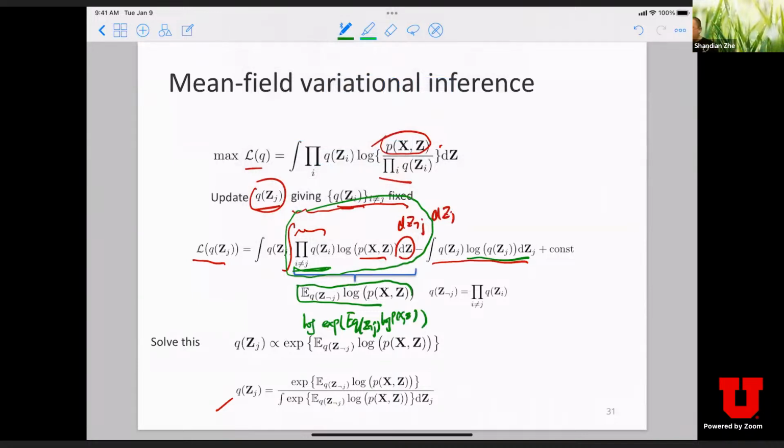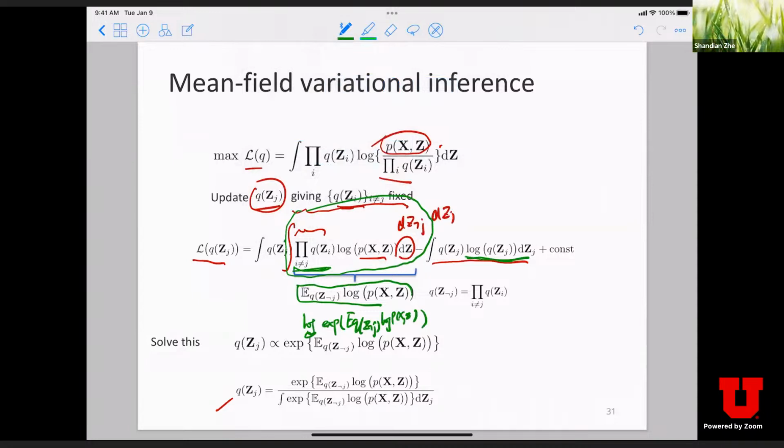And because now I have a log Q of Z_j in this integral, I can merge these two log terms and make it another log fraction.